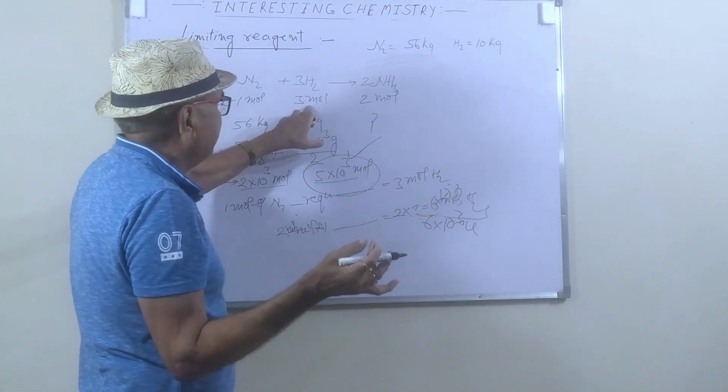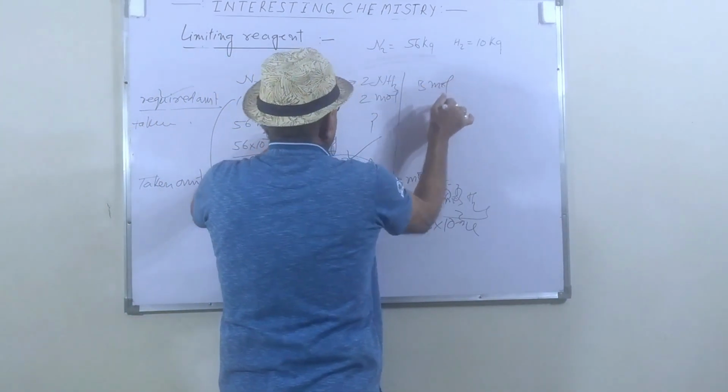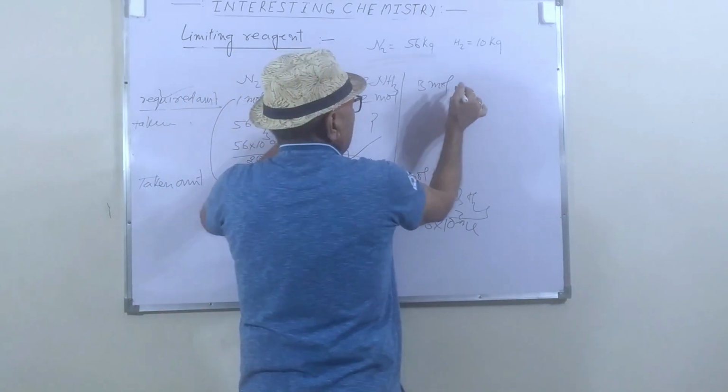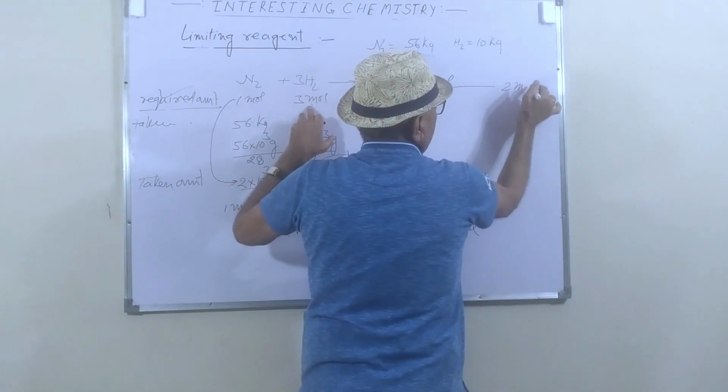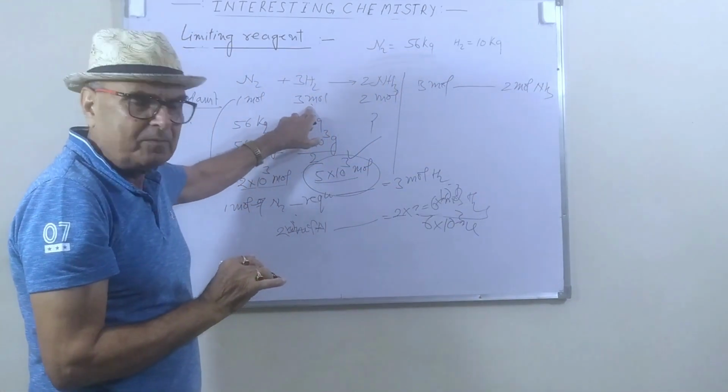So again take here 3 mole of hydrogen forms 2 mole of ammonia.